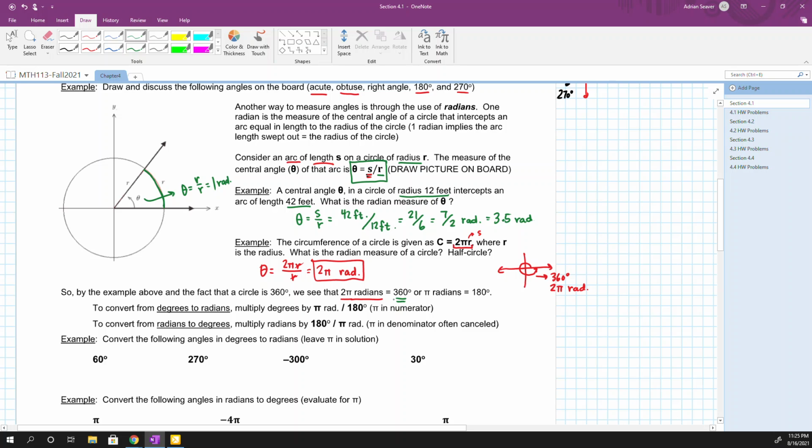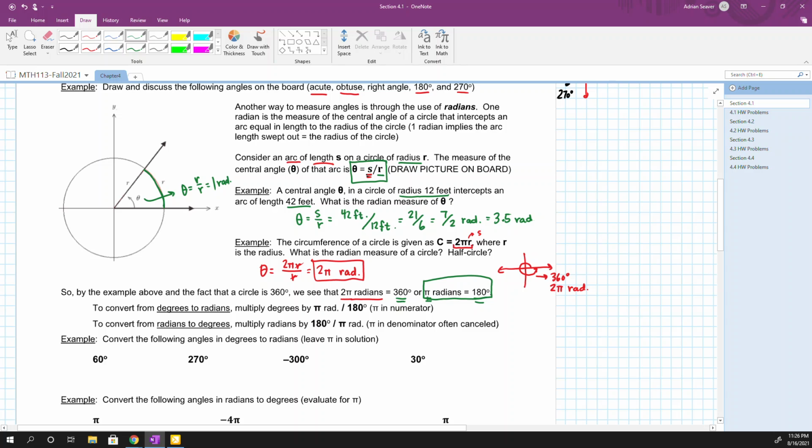Well, if I go halfway around a circle, I know that's 180 degrees. In radians, if I go all the way around, it's 2 pi. If I go halfway around, guess what? It is pi radians. So we're going to use that one. That's the one you see more often because you don't have to simplify as much.